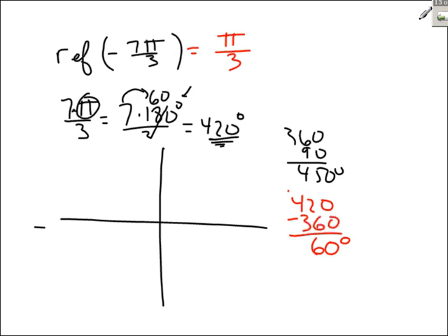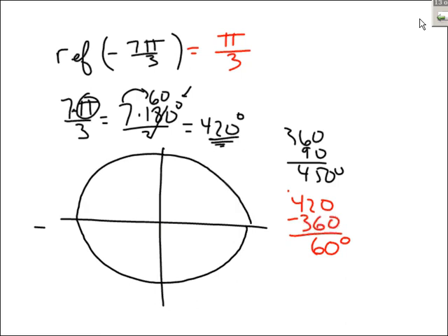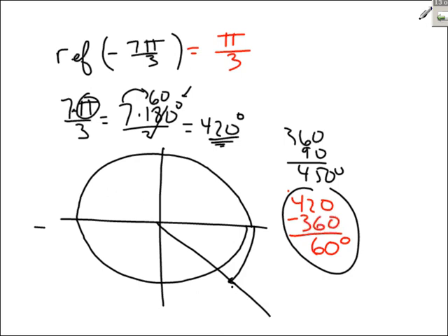Negative means go clockwise from the x-axis. Negative 90, negative 180, negative 270, negative 360. I have to go some more. How much more? 60 degrees more. Complete the triangle not by going to the y-axis, but by going to the x-axis at a right angle. The reference angle is this, which is 60 degrees.